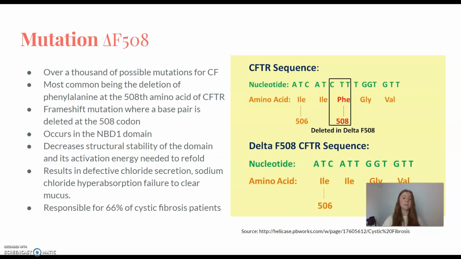And it occurs in the NBD1 domain, and this decreases structural stability of the domain and the activation energy needed to refold. And this results in defective chloride secretion, sodium chloride hyperabsorption, and then the failure to clear mucus. And it's responsible for 66% of cystic fibrosis patients, so a lot of them.